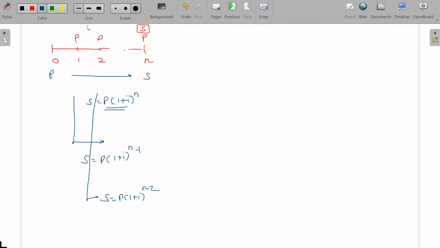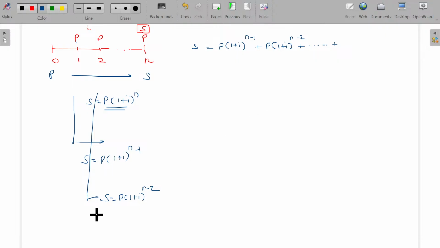Now I am going to calculate the present value or future value of those annuities. See here. For the first, S is equal to P into 1 plus i to the power n minus 1. Next one being P into 1 plus i to the power n minus 2 and so on.